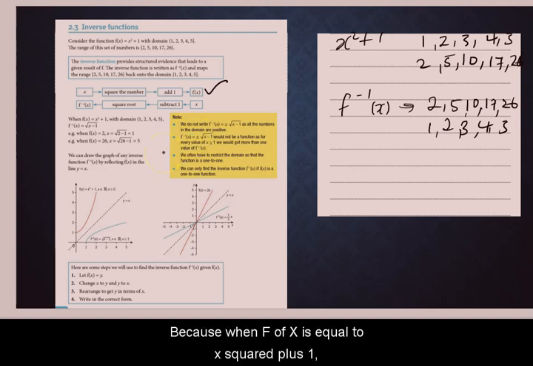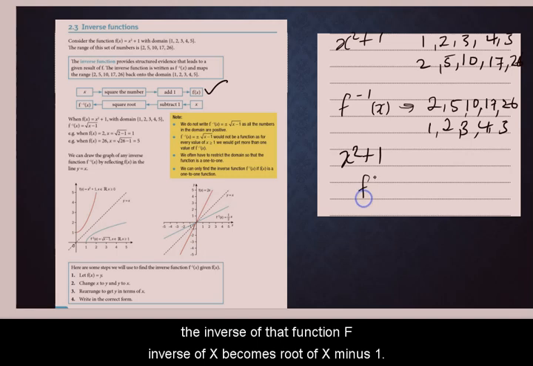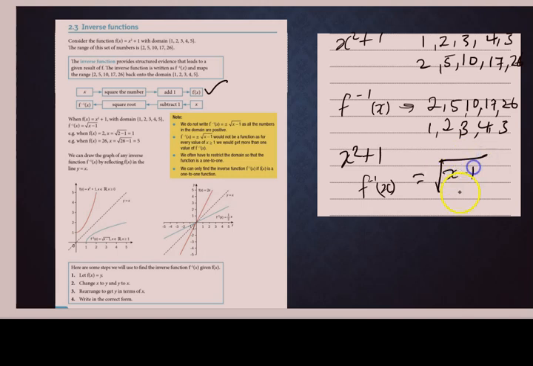Because when f of x is equal to x squared plus 1, with the domain already given 1 to 5, the inverse of that function, f inverse of x, becomes the root of x minus 1. And we will see.